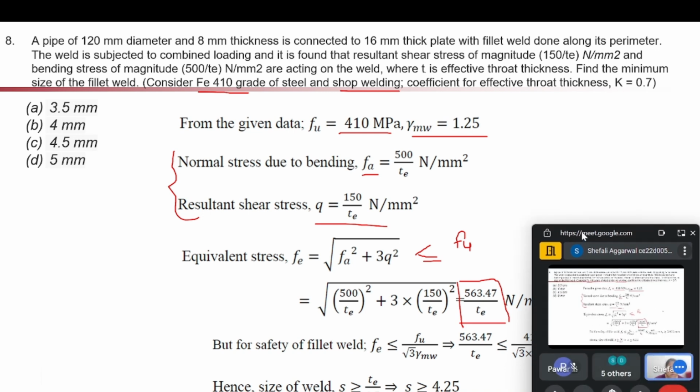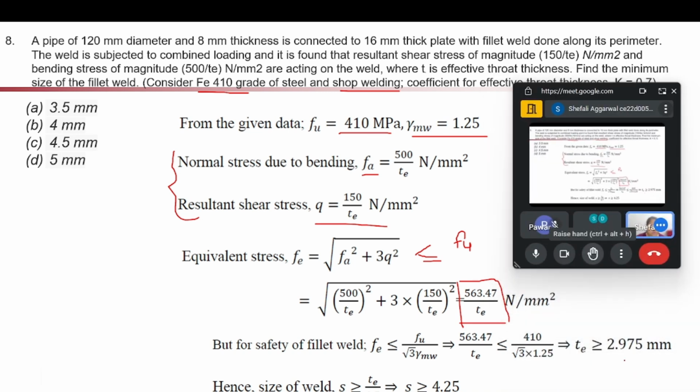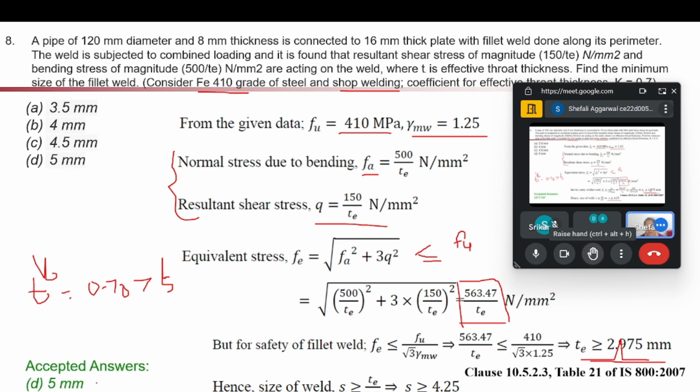T value should be greater than or equal to 2.97 and our throat thickness T is given by 0.707 of size of weld. So S will be T upon 0.707. So S should be greater than 4.25. In this case, it will be 4.5, right? Okay. For safe, it is taken as 5 mm.